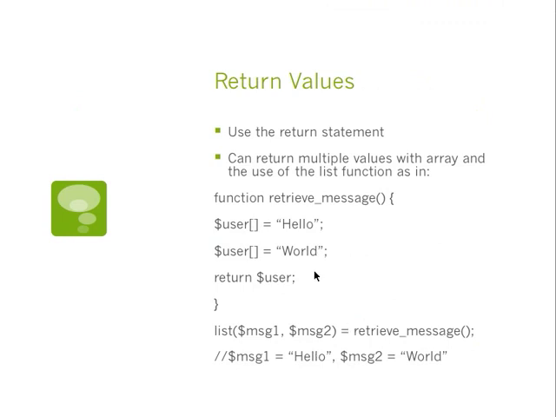The array that's created will be used to instantiate these elements within the list. So if I have an array where I set the first value to hello and the second value to world and then I return that, then this list function will take those two values and put them into message 1 and message 2.